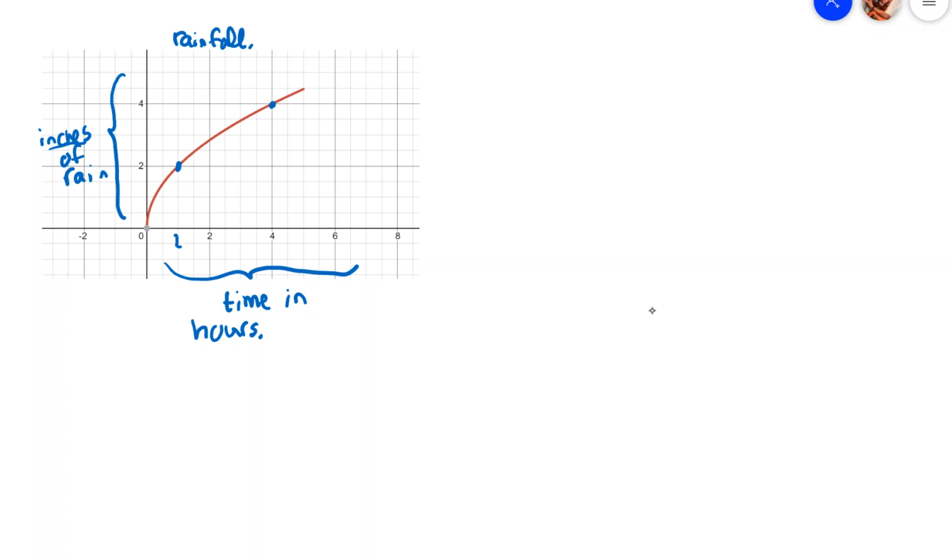So the points on the graph give us the rainfall at that one point in time. So when I have the point (1, 2), that's this point right here, that tells me that after 1 hour has gone, I've got 2 inches of rainfall. And let me use another color over here.